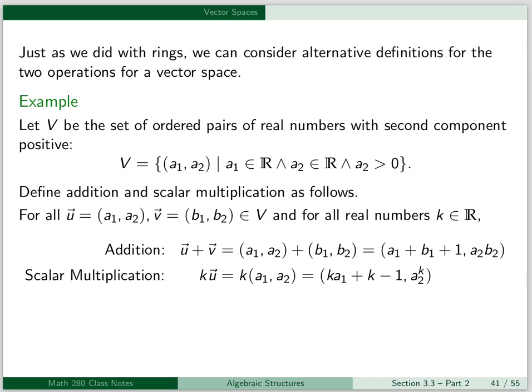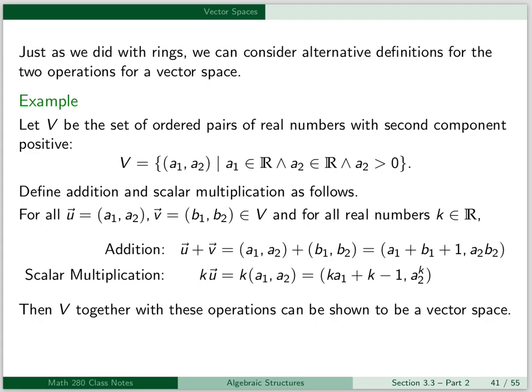And then our scalar multiplication is defined by k times u equals k times A1, A2 is going to be defined to be k A1 plus k minus 1, and then A2 to the k power. So this is very different from the way we defined our addition and scalar multiplication in our first example.